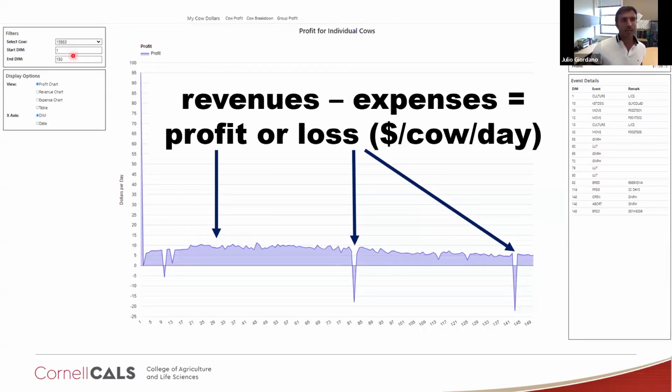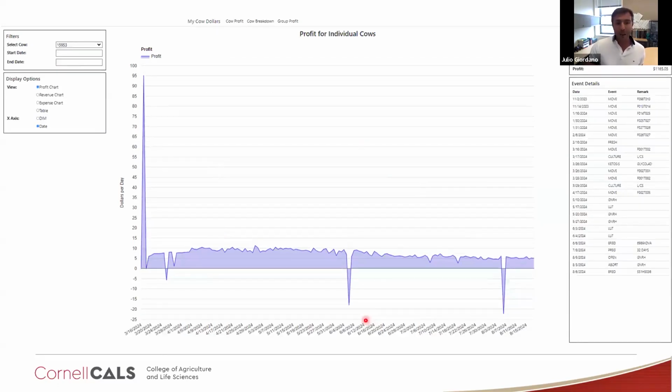This is an individual cow level tool, and here we are looking at cow 15,953. The tool can generate the charts and accumulate the data by days in milk. It can also do it by date. As you can see here, this is the exact same cow, but in this case by date instead of by days in milk.